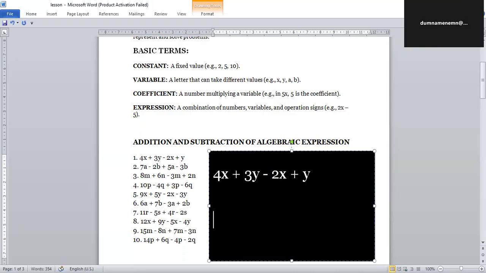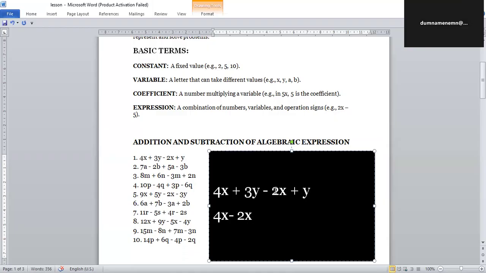So the first term is actually 4x. For me to be able to add and subtract, I will also carry the term that looks exactly like x, nothing different with the variable. So I'm going to bring minus 2x. Do you see, when I'm carrying it, I'm also carrying it with the sign.